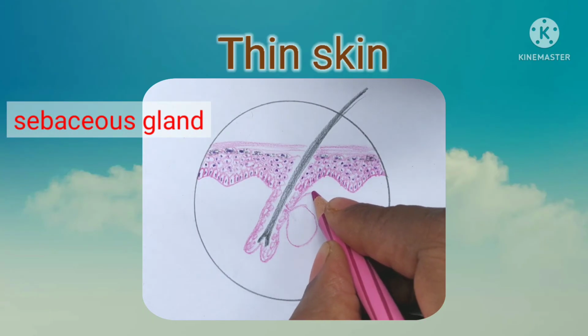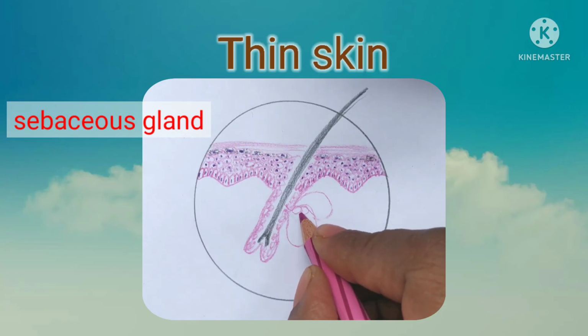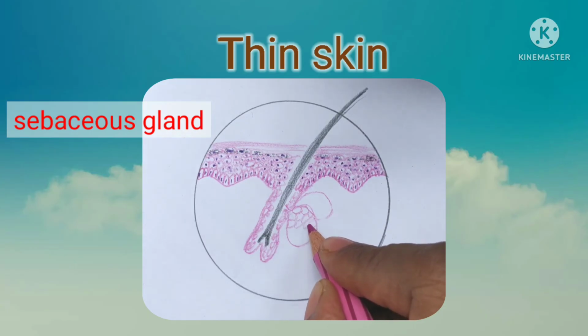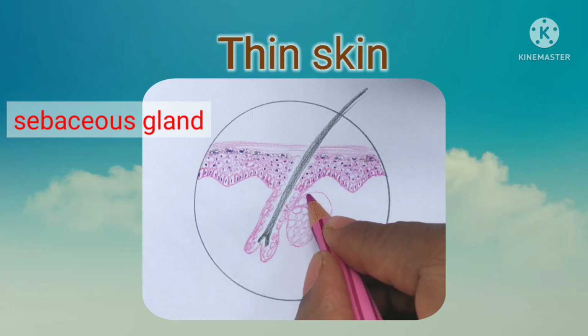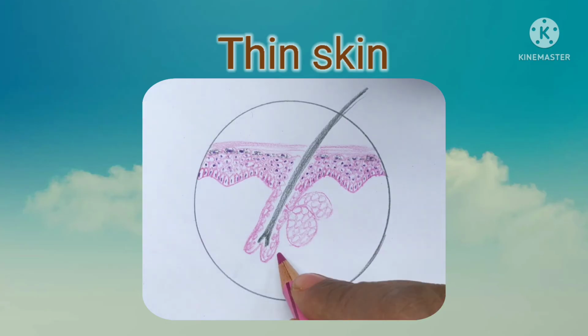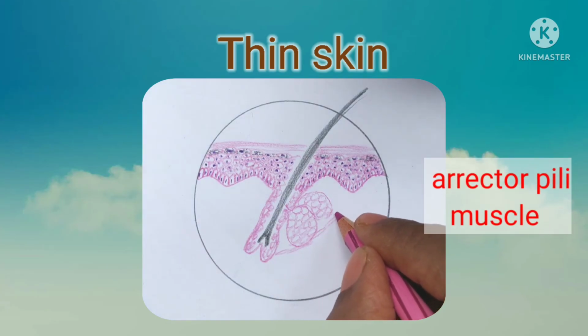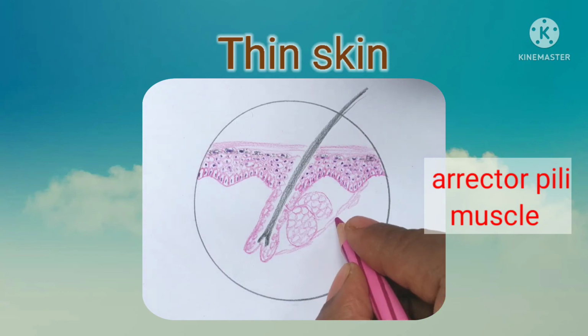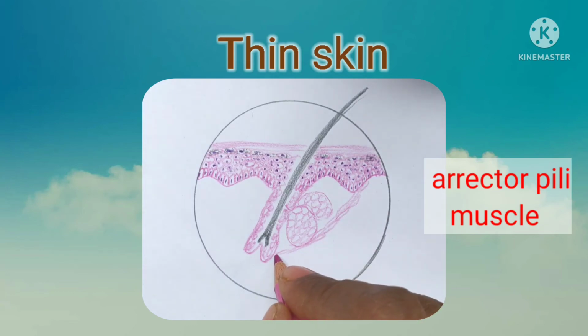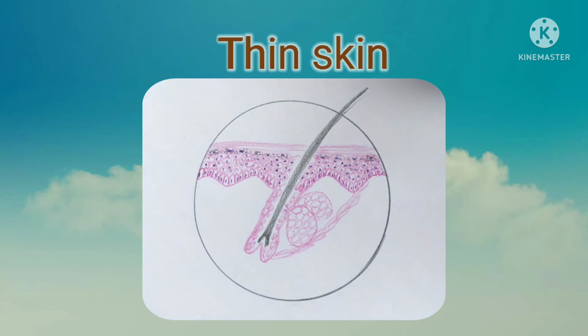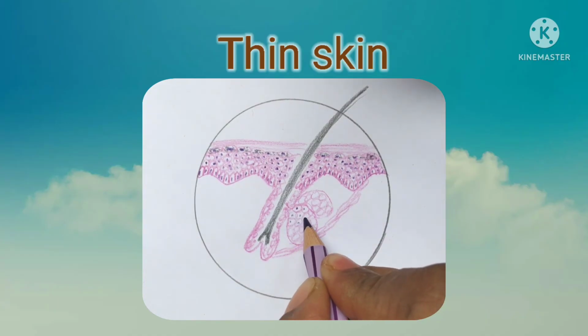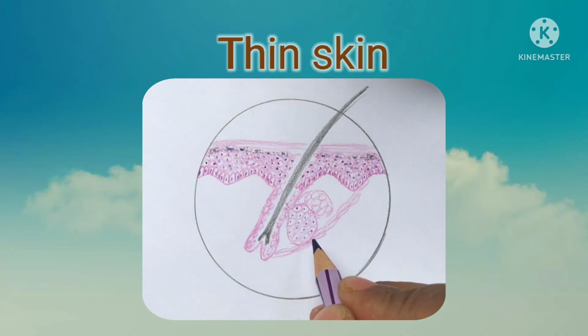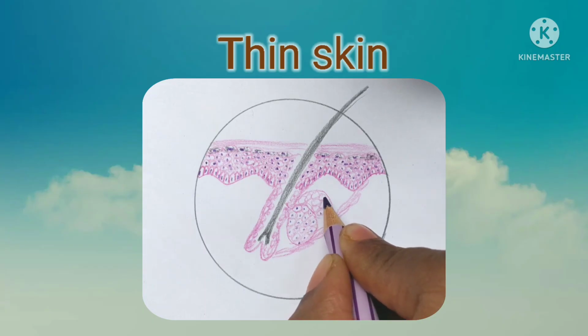We have grape-like bunches of glands. These are sebaceous glands which open into the hair follicle. The junction between the surface and the opening of the sebaceous gland is called infundibulum. They are filled with cells with a very narrow lumen, and they are holocrine type of glands. This secretion will lubricate the hair.